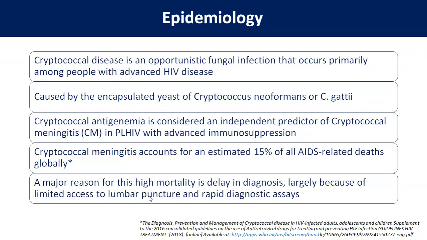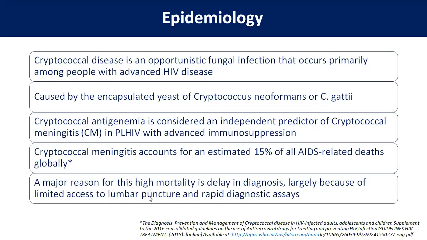Cryptococcal antigenemia is considered an independent predictor of cryptococcal meningitis in PLHIV with advanced immunosuppression. Cryptococcal antigenemia can be isolated and is one of the primary early independent predictors of cryptococcal meningitis. Cryptococcal meningitis accounts for an estimated 15% of AIDS-related deaths globally.